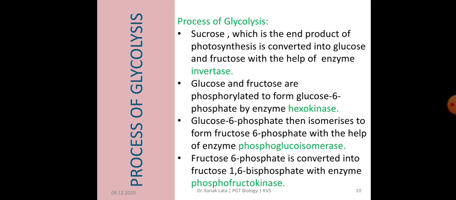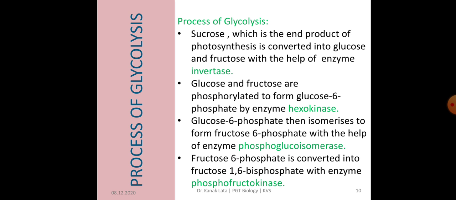Now glucose 6-phosphate isomerizes into fructose 6-phosphate with the help of enzyme phosphoglucoisomerase. Then fructose 6-phosphate is converted into fructose 1,6-bisphosphate with the help of enzyme phosphofructokinase.